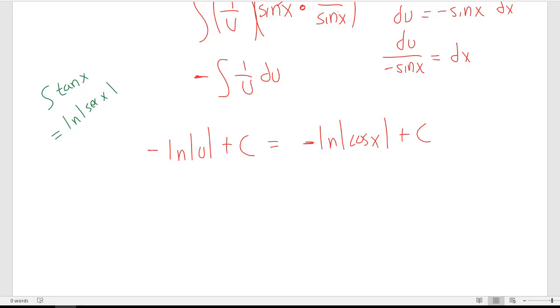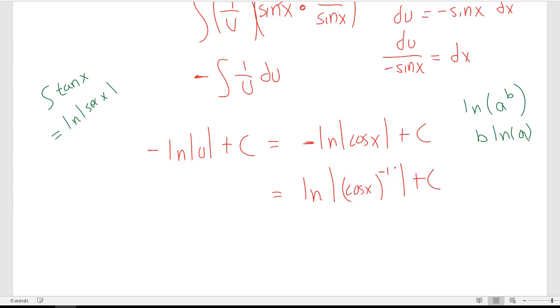All right, so what we're going to do then is use a property of logarithms. If we have ln of a to the b power, this exponent I can pull in front of the logarithm. So I'm just going to go backwards. I'm going to take the coefficient and pull it in as an exponent. So my coefficient of negative 1, I'm going to pull in as an exponent.